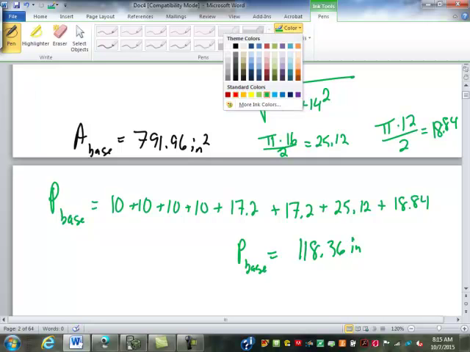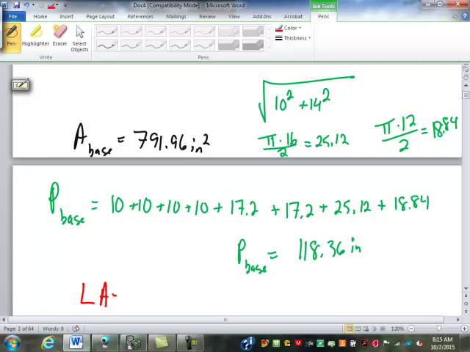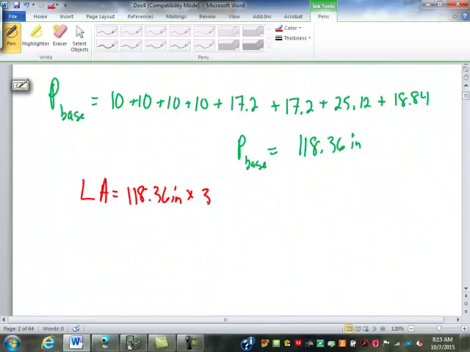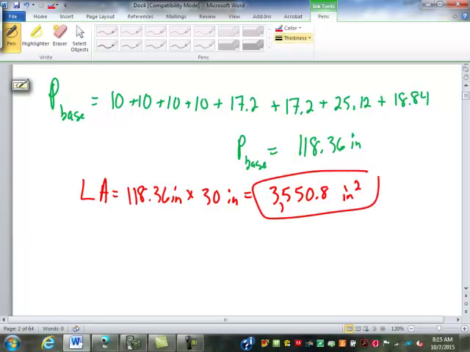So then the lateral area is the perimeter of the base times the height, that was 30 inches, I believe. Yep, between bases. Which is going to be what? 3,550.8 square inches. That's the lateral area.